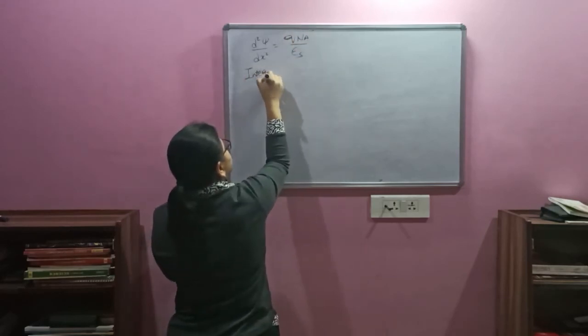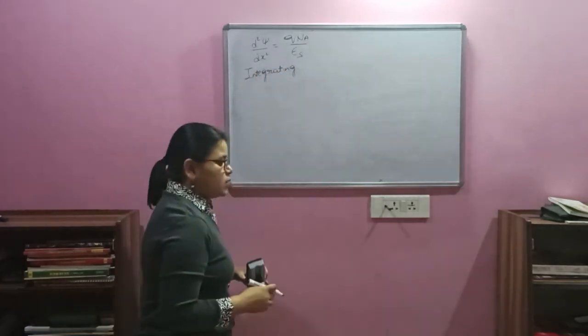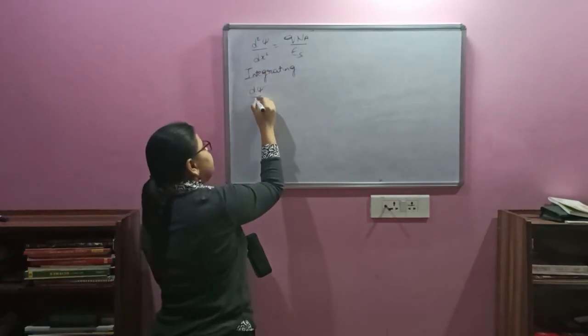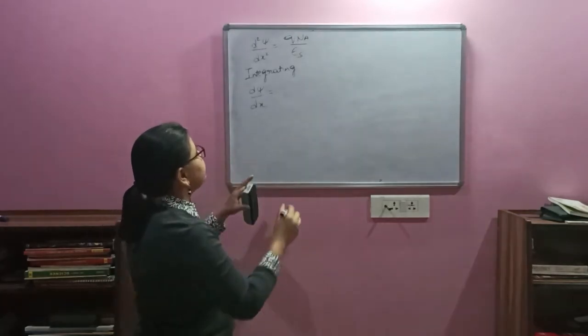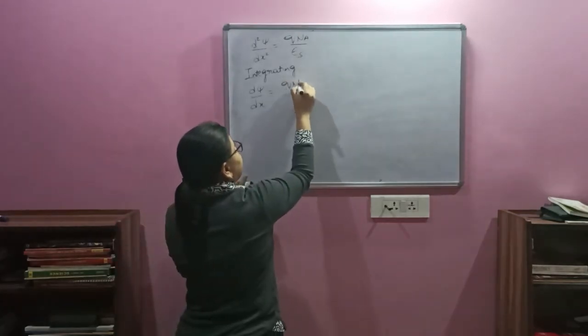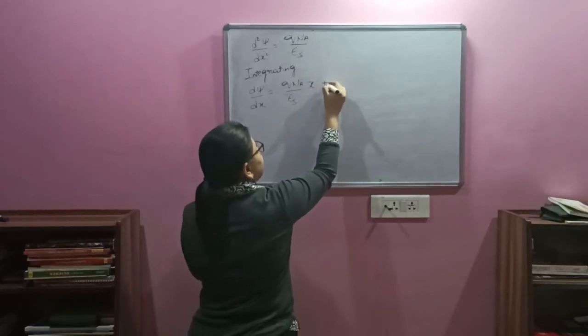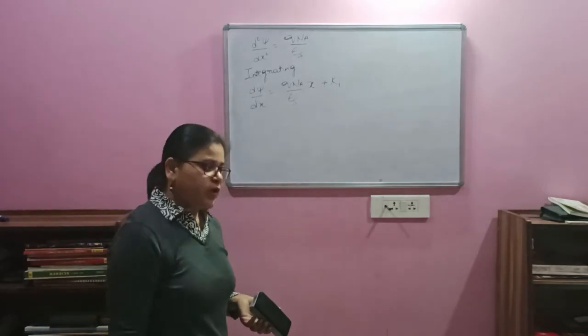Integrating this, I get d psi by dx equals q Na by epsilon s into x plus some proportionality constant, suppose I name it k1.